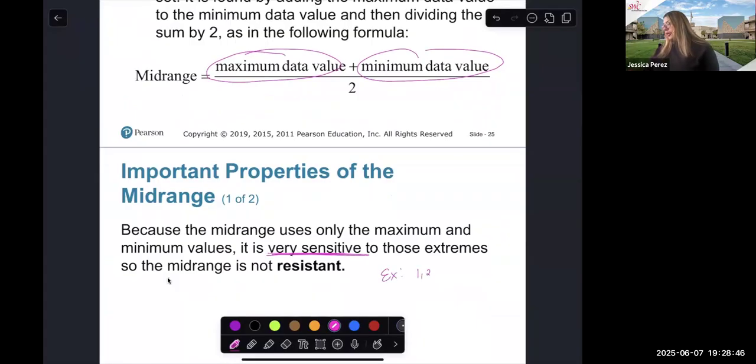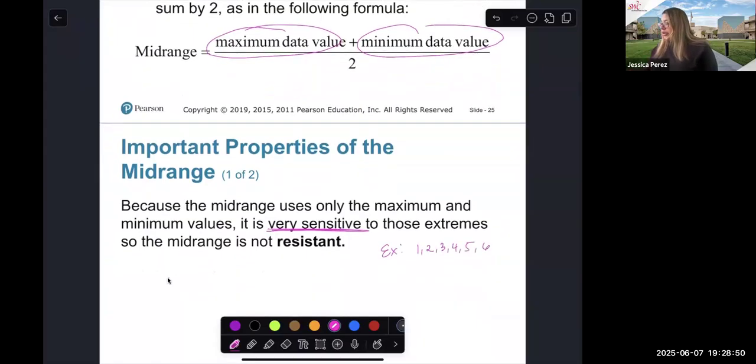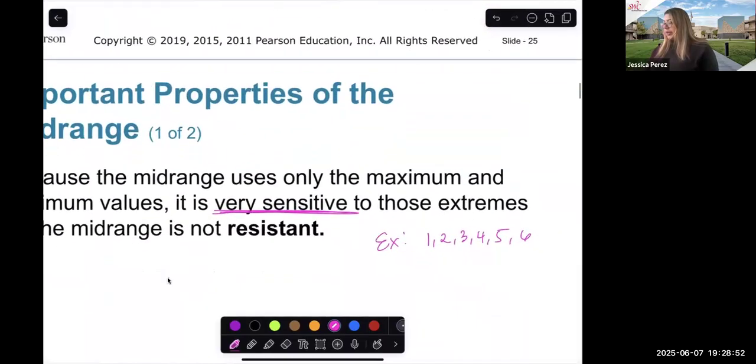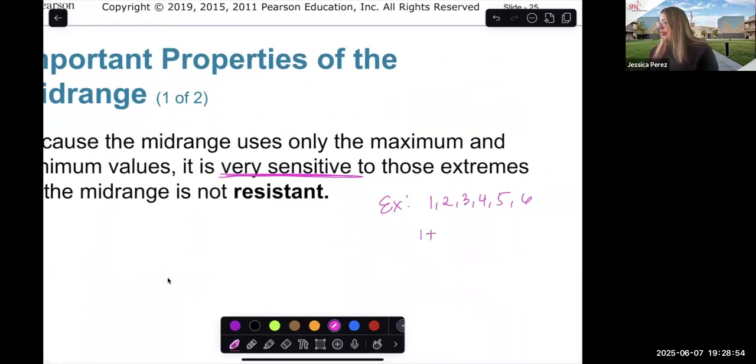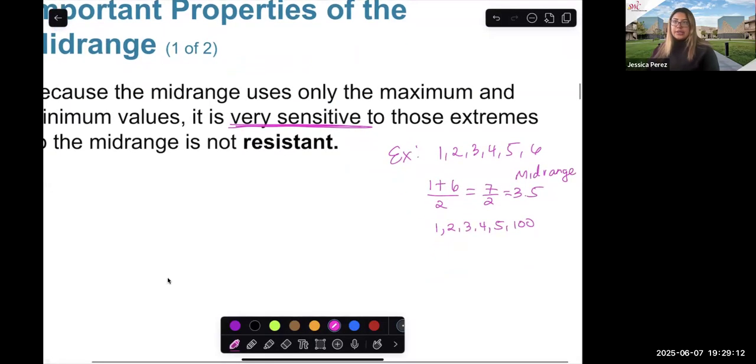Let's do an example. Let's say I have the data 1, 2, 3, 4, 5, and 6, right? I'm going to find the mid-range of this example. So I'm going to take 1 plus 6 and divide it by 2. 7 over 2 is 3.5. That would be the mid-range of this example. Now, if I have an extreme value, let's say 1, 2, 3, 4, 5, and 100, I keep using the same example.